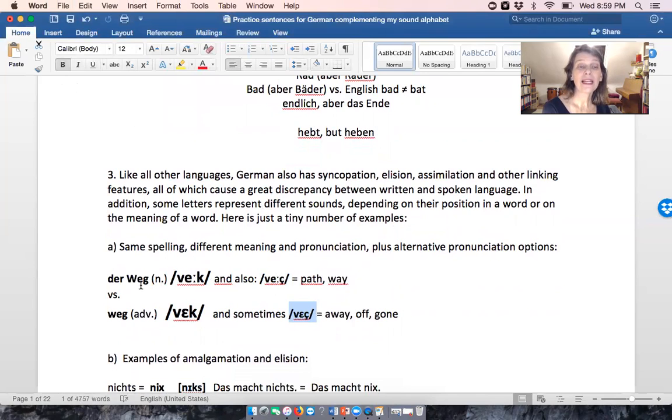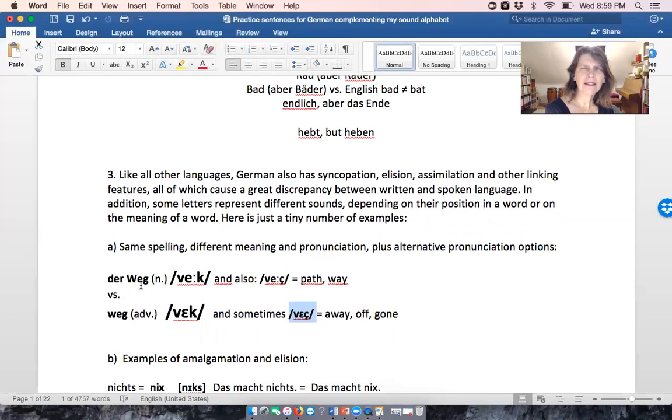And then, so that's a noun, and then we have the adverb weg, away, or also off or gone, and that has a different vowel sound. It's the sound e, as in ich, weg. And then again, you can say weg oder weg. Es ist weg, es ist weg.